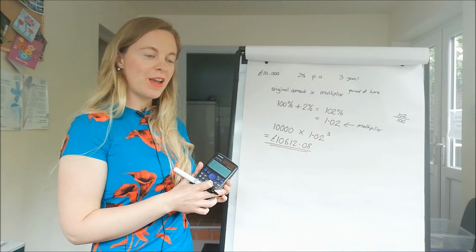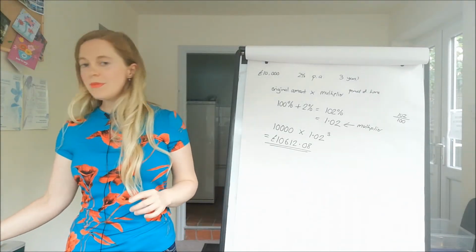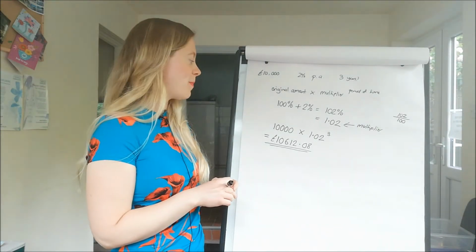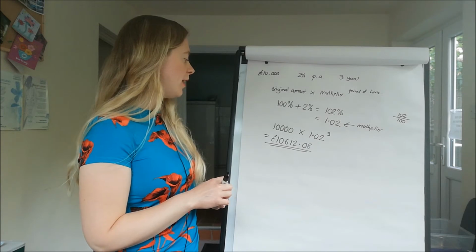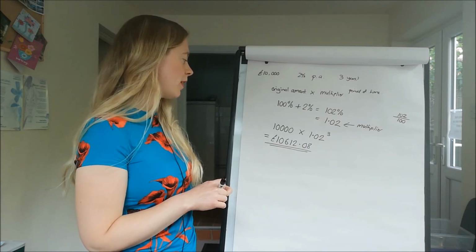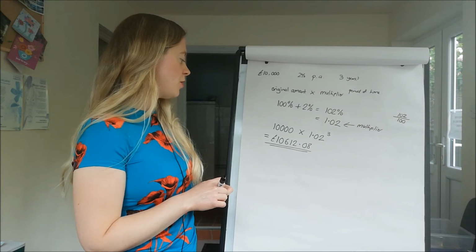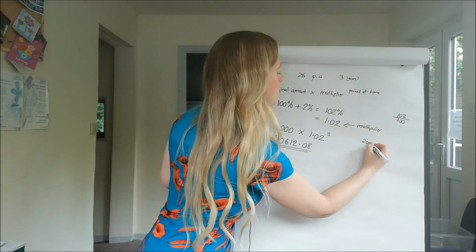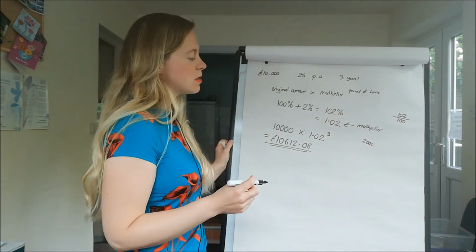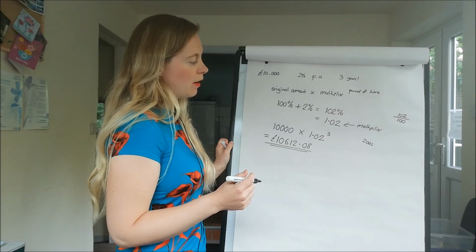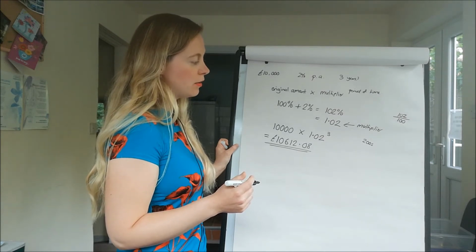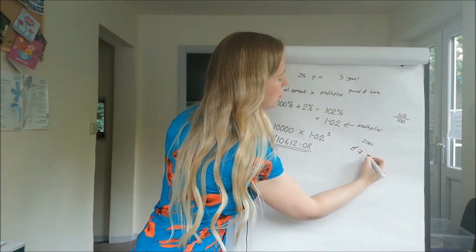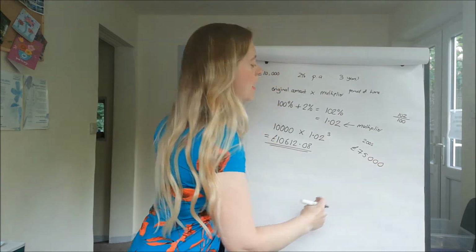All right? So let's do another one. And this time we'll just do it with a calculator because they almost always are on calculator papers. So put e.g. in 2005, a company had a turnover of £75,000.